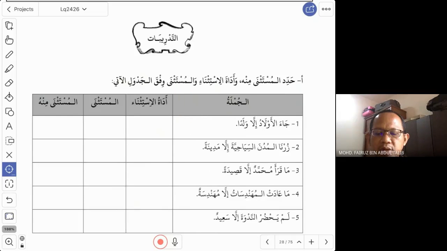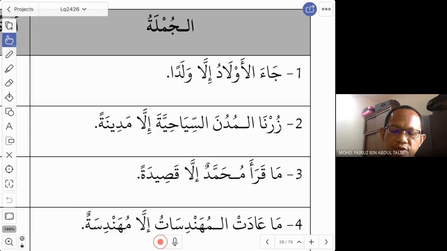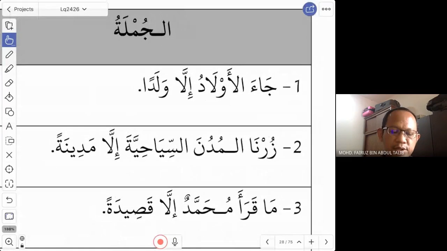Okay, so the only one that you need to determine is this. You need to find whether you have mustasna minhu or not. We call jadwal al-ati based on the following jadwal. Now, let us do this. But it is also good for us if we can also determine which group this jumlah belongs to.